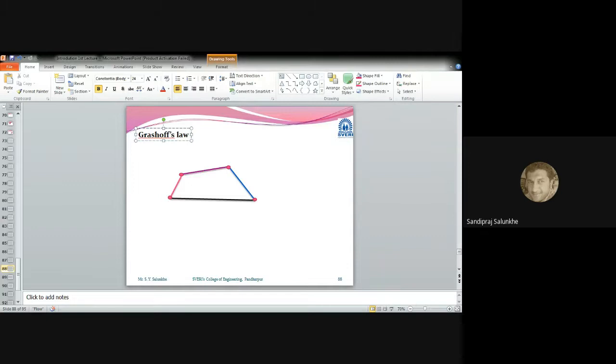What does it mean? We'll first see what Grashof is saying. First of all, we have to find which link has the longest length and which link has the shortest length, right? Then we can apply his law.